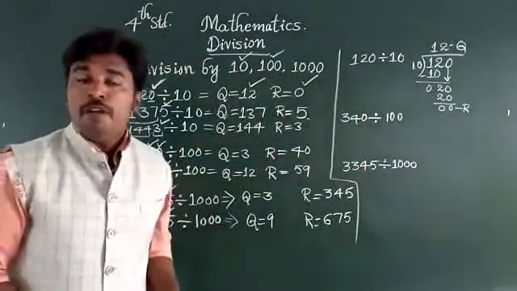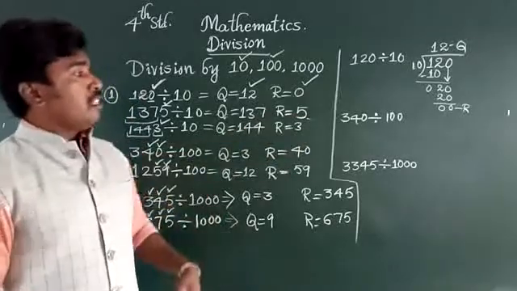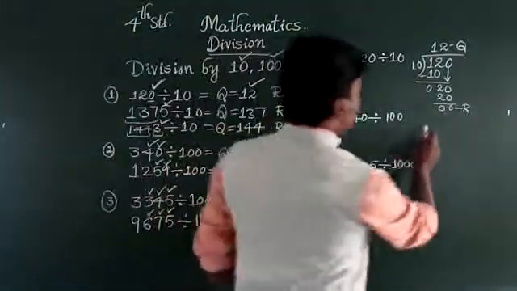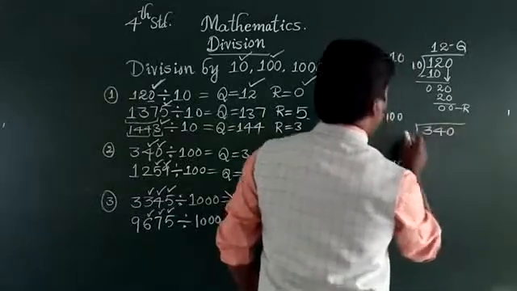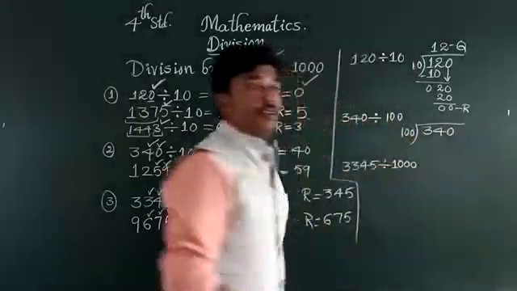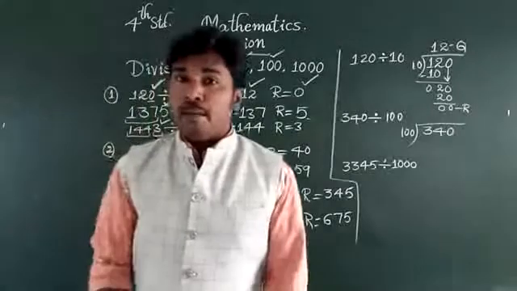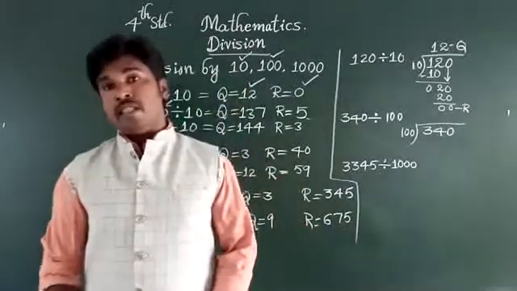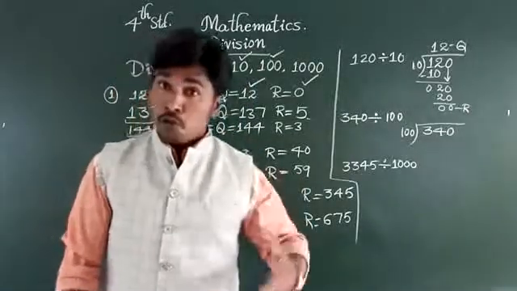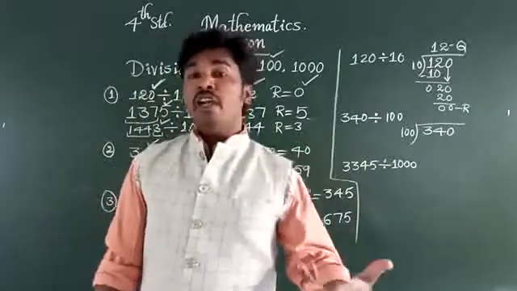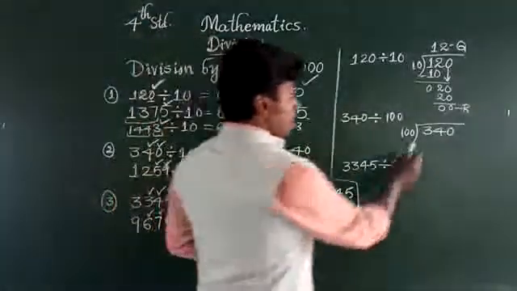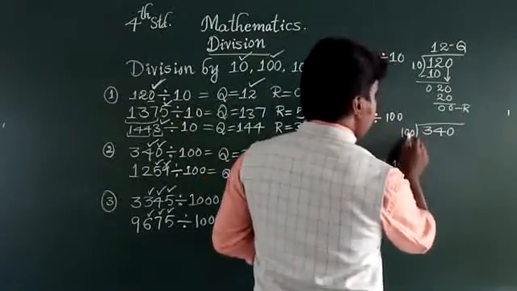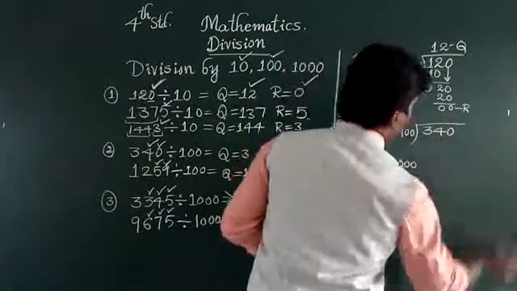Did you understand? Now I shall take the second one. It is 340 divided by 100. Now the multiplication table of 100 is very easy. 100 ones are 100, 100 twos are 200, 100 threes are 300, 4s are 400, 5s are 500, like that. The divisor has 3 digits, so you can take all 3 digits.